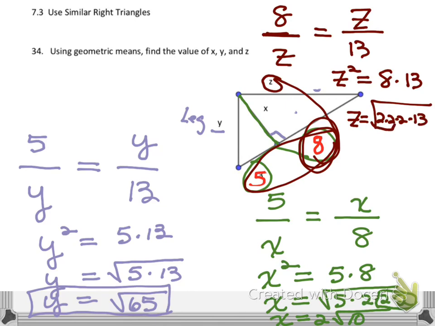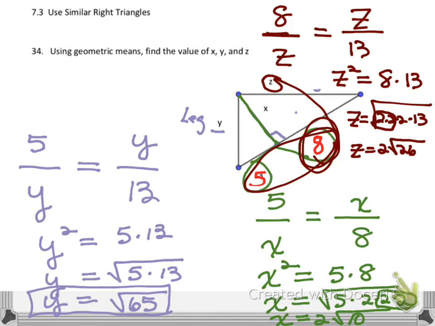Here is a pair of 2's right here. Pull that pair out as a single 2. Radical, 2 and 13 are left inside. Multiply them, and you get 26. So z equals 2 root 26.